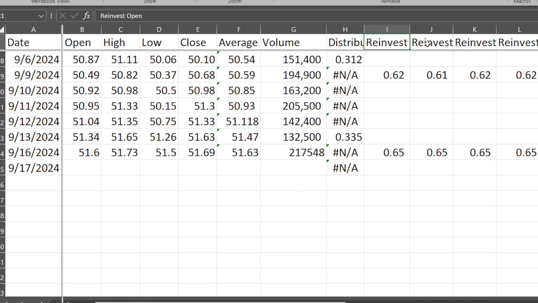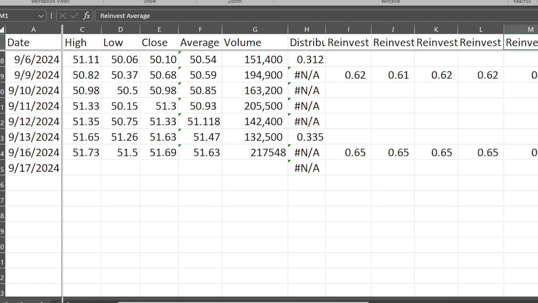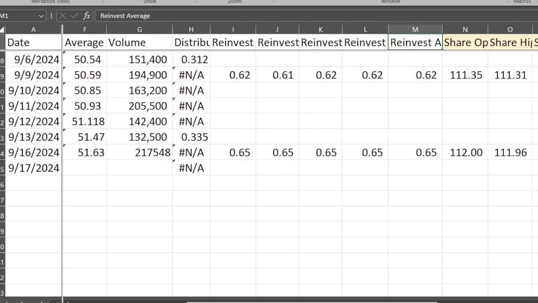That's assuming, for example, column I is if you reinvested on the open, column J on the high, column K on the low, and column L if you reinvest on the close, and then column M. Let me start moving this over so people can see that on average you'll be able to get 0.65 shares.